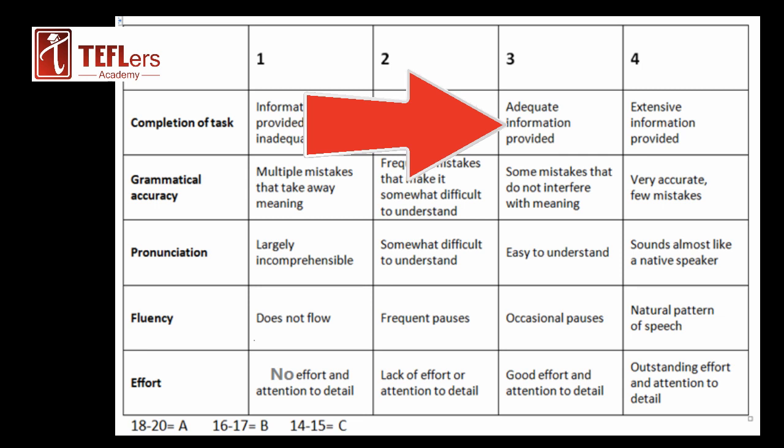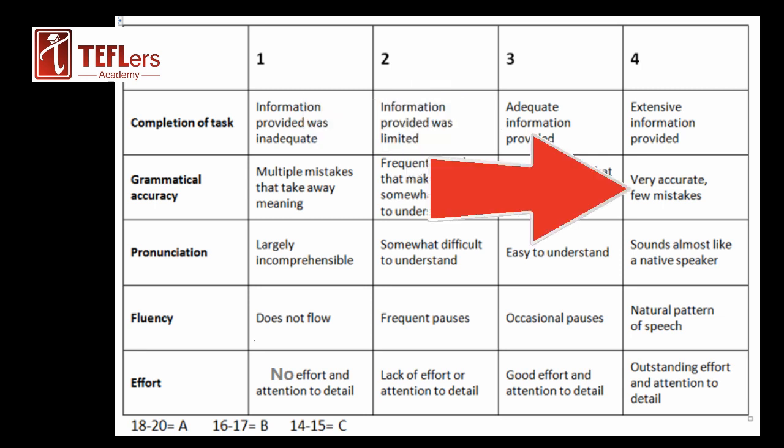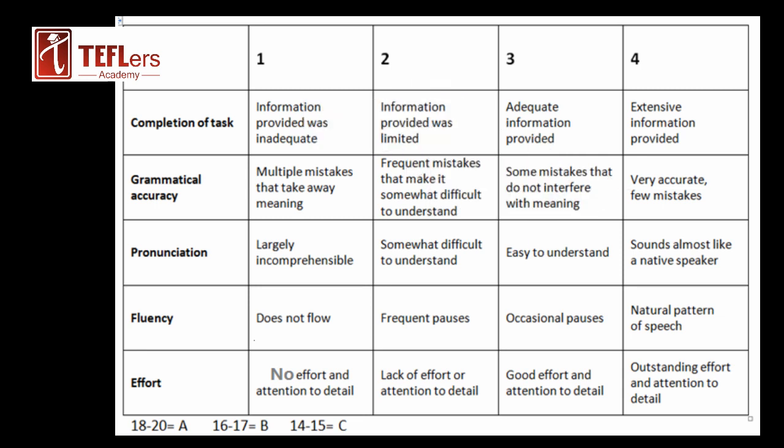The 3 points for completion of task and 4 points for grammar accuracy. Let's say that this particular student, when he was speaking, his pronunciation was kind of difficult to understand. It wasn't very bad, and it wasn't great, so it was difficult to understand. How many points do you think we should give him?